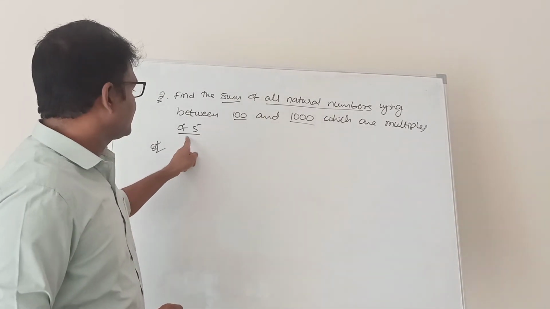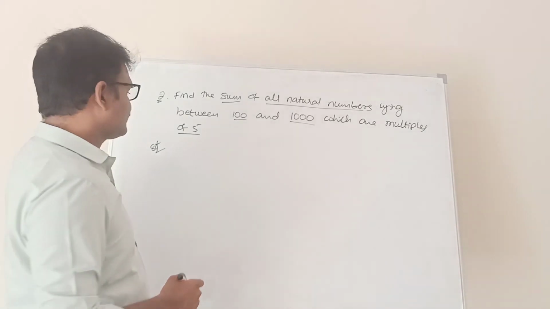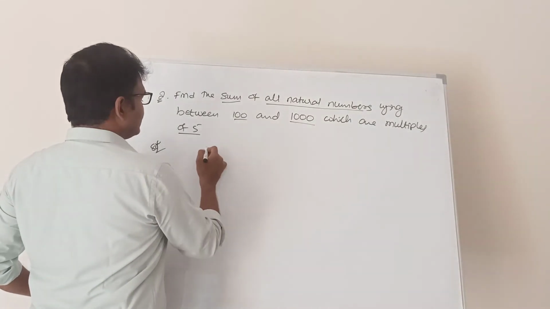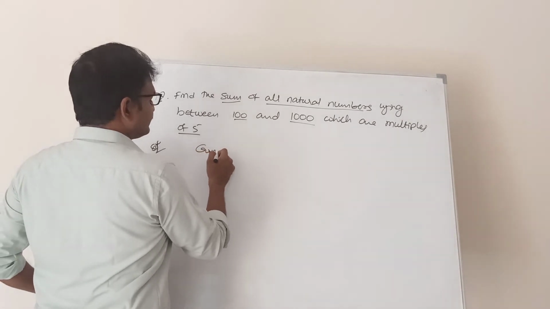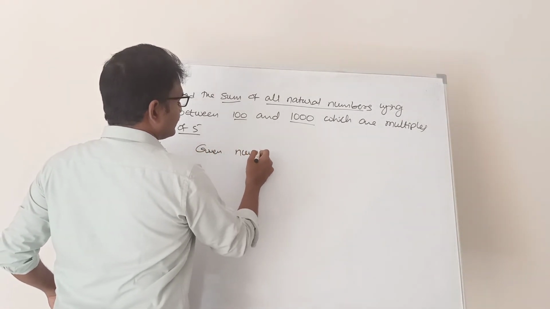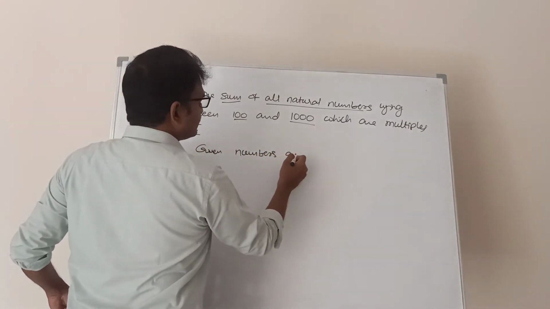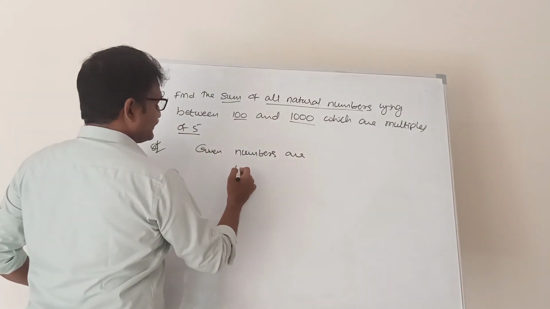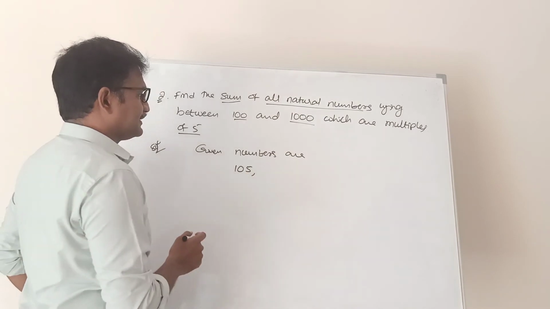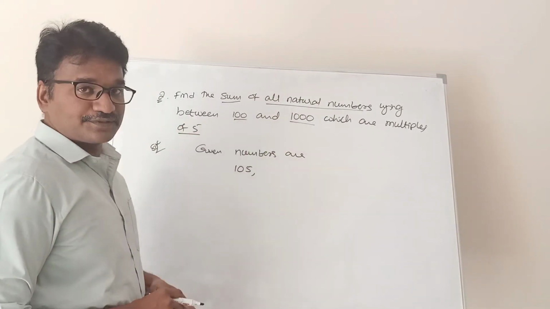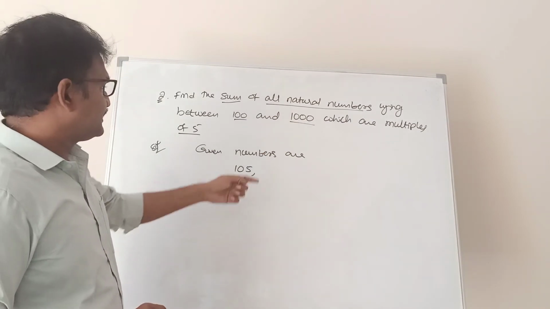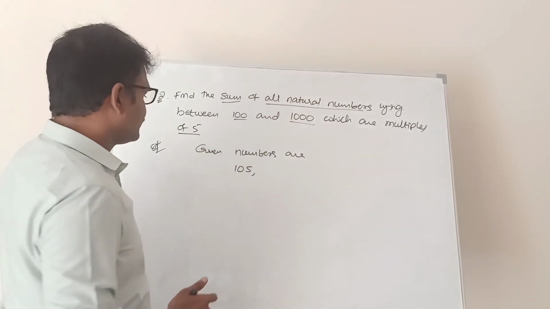The condition here is multiples of 5. Between 100 and 1000, the first multiple of 5 is 105. We should not take 100 and we should not take 1000. Between these two numbers only, we should take 105.